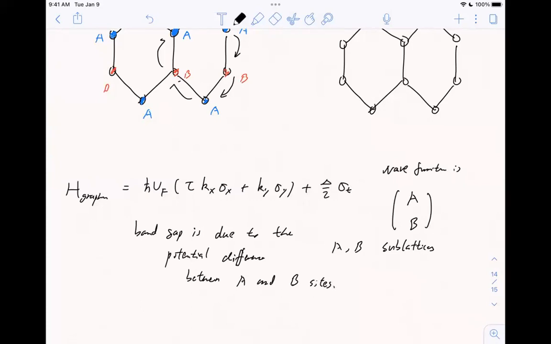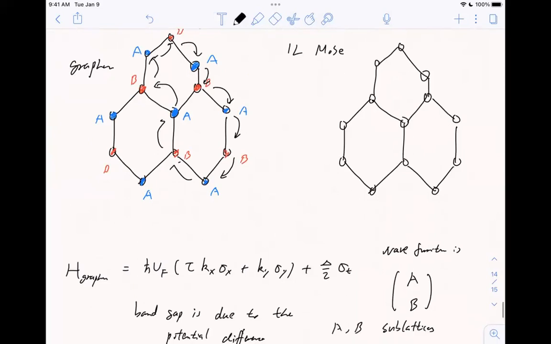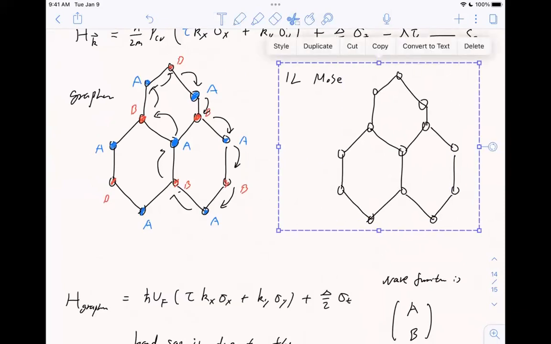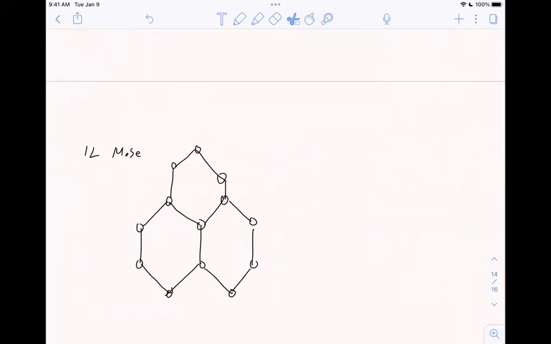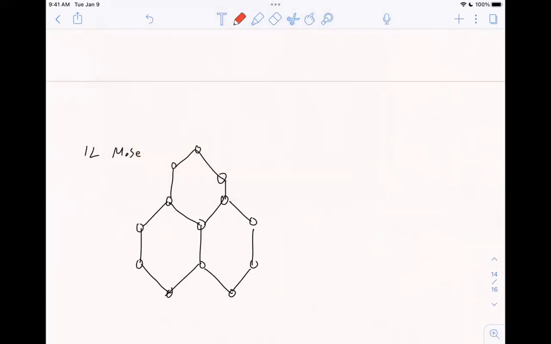You put graphene on boron nitride, somehow you break the A and B symmetry, then you open the band gap. It's actually quite difficult to open the band gap with graphene because it is difficult to apply different potentials on the A and B sublattices. But MoS2 is different. For MoS2, everything happens on the Mo atom. The Mo atom is here.